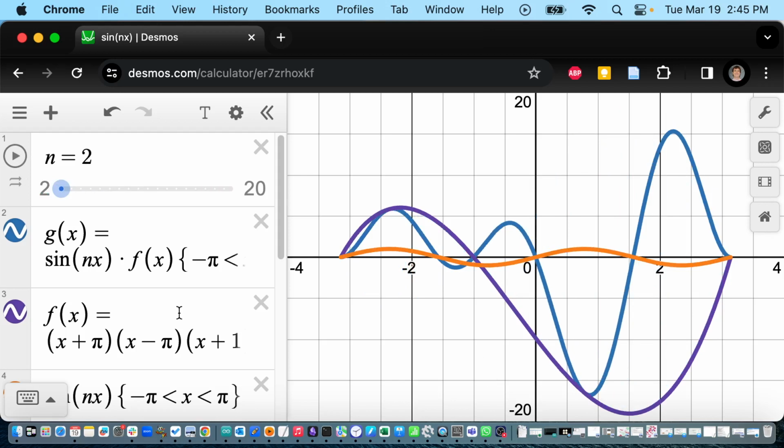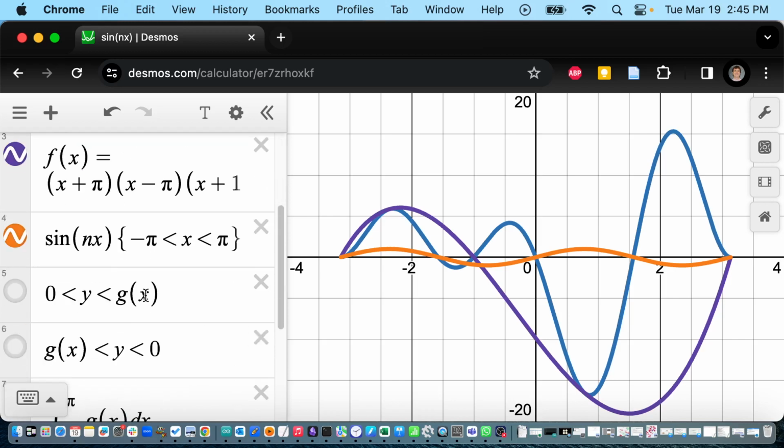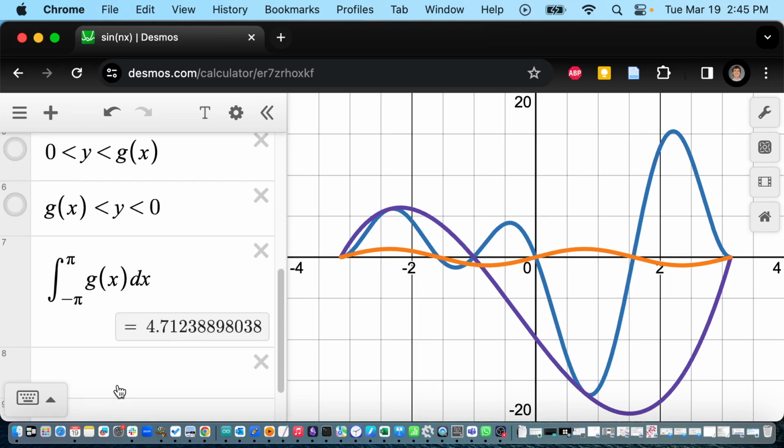If n equals 2, and there's only a couple of squiggles in the orange, then you have these really big squiggles under the blue function, right? Then when you go to do the integral, which is over here, you get some number. Here it's 4.71. You can visualize that by looking at the area above and the area below. In this case, there's lots of area above and one big area below. They sort of cancel out a little bit, but at the end of the day, you have an integral of 4.